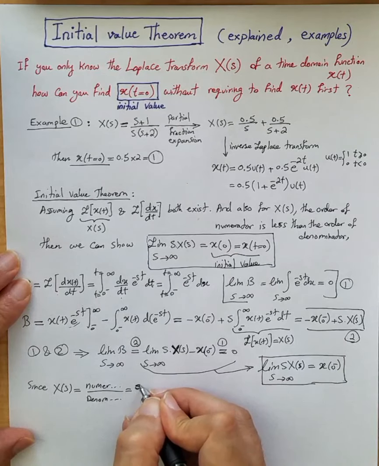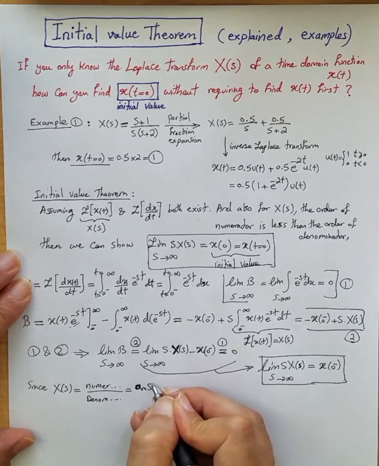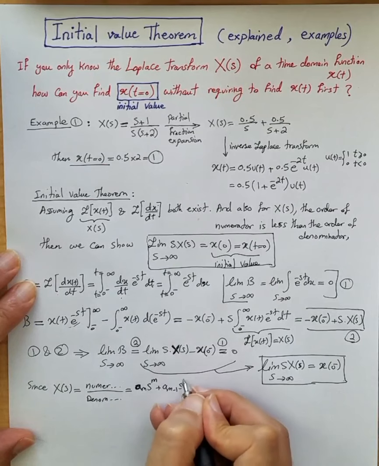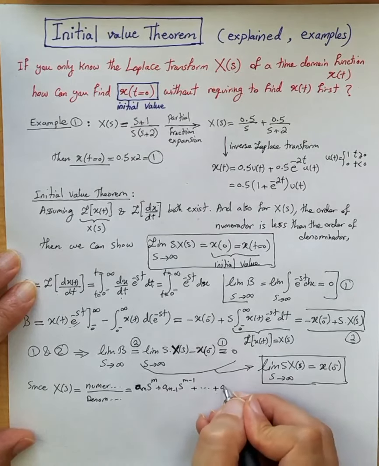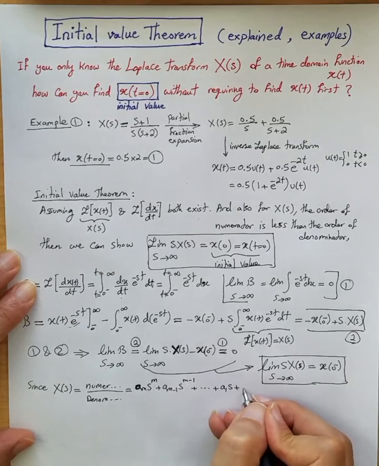So let's say the numerator is a sub m s to the power m plus a sub m minus 1 s to the m minus 1 plus, and so on, plus a1 s plus a0.